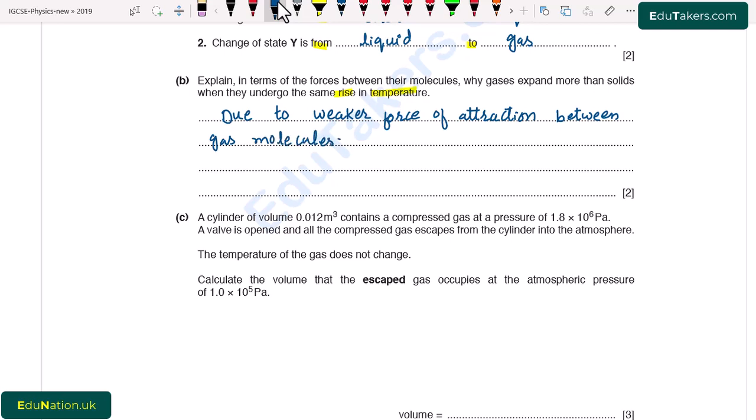Second reason is that it is easier to increase the separation of gas molecules than solid.